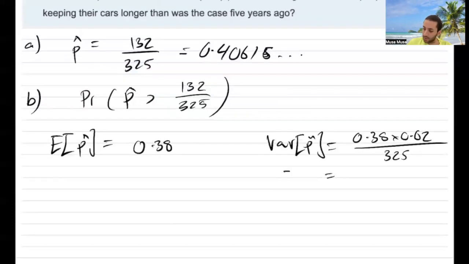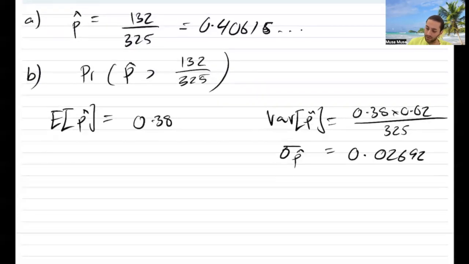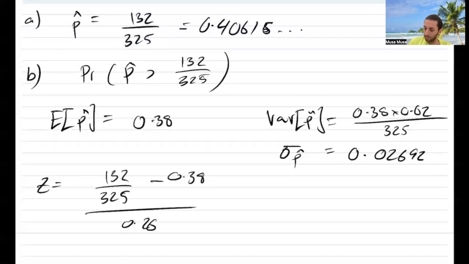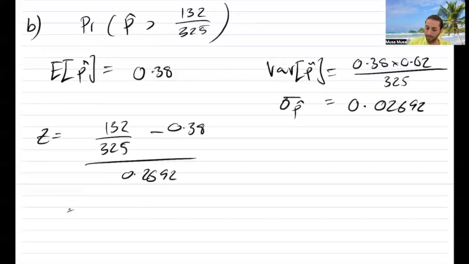And then I just square rooted it already just so I could find the p hat, and got 0.02692. So the z-score is going to equal 0.971.